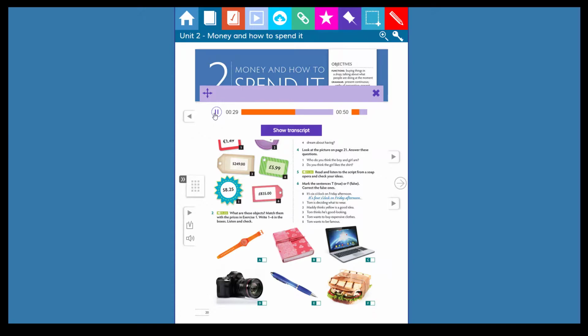D. The camera is $249. E. The pen costs €1.49. F. The sandwich is £5.99.